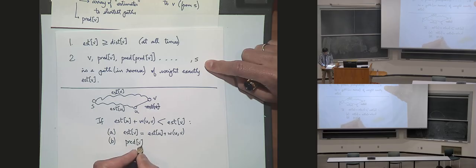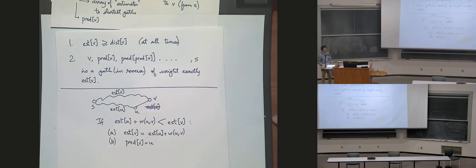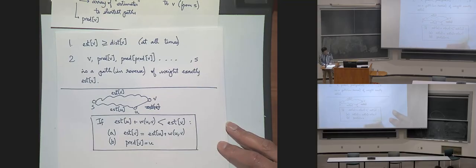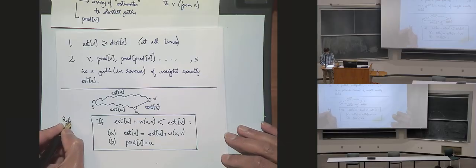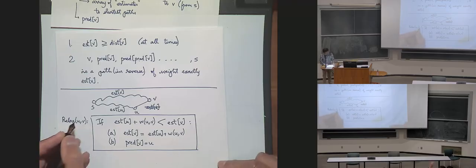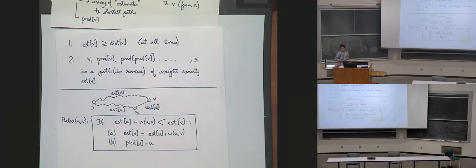Predecessor of V is going to be U. This operation which you've discovered is also referred to as relaxation. So relax of UV, I can write this as a function. It takes UV and checks if there is a shorter path to V via U, via that edge UV.